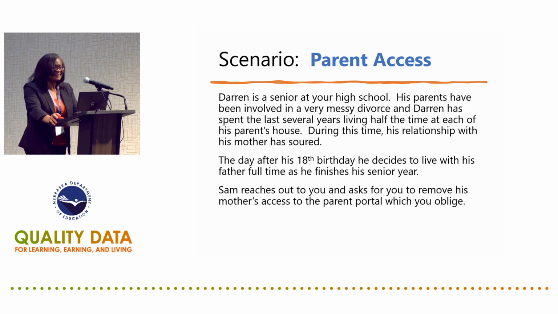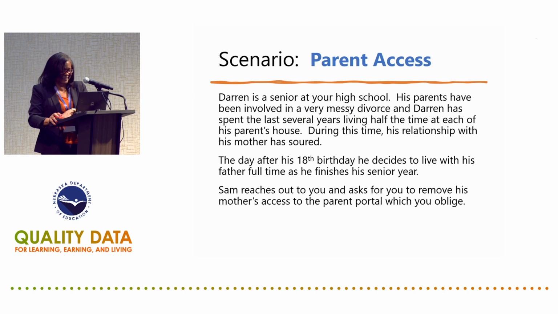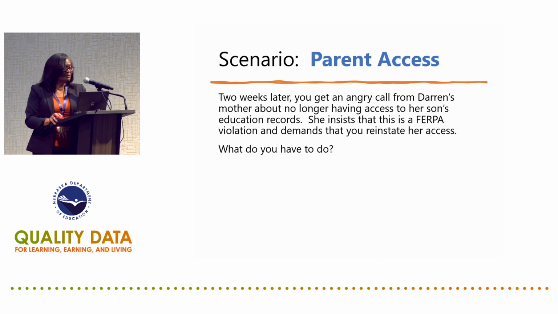Took me a minute. That should be Darren. I'm going to correct my slide. Okay, so Darren reaches out to you and asks for you to remove his mother's access to the parent portal, which you oblige. Two weeks later, you get an angry call from Darren's mother.